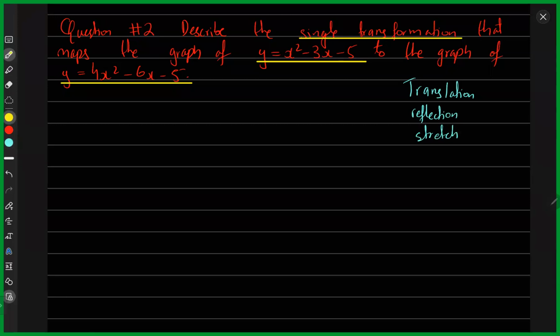Okay, we have -5 here and we have -5 here. So certainly we did not add or subtract anything in y. Okay, but did we add or subtract something in x? No, because if we were adding or subtracting something in x, then after the overall expansion and everything, this figure would have changed as well.